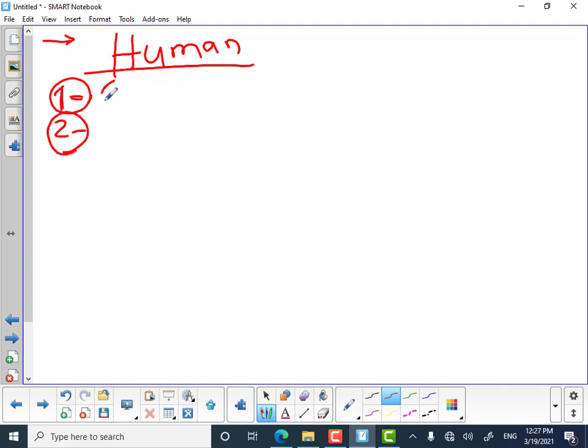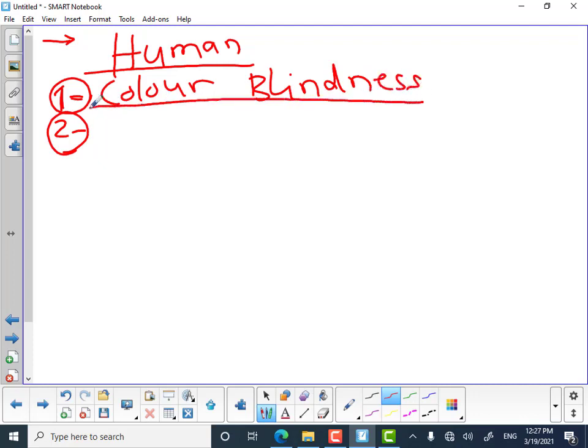The second, baldness, okay, it is carried on the sex chromosome.